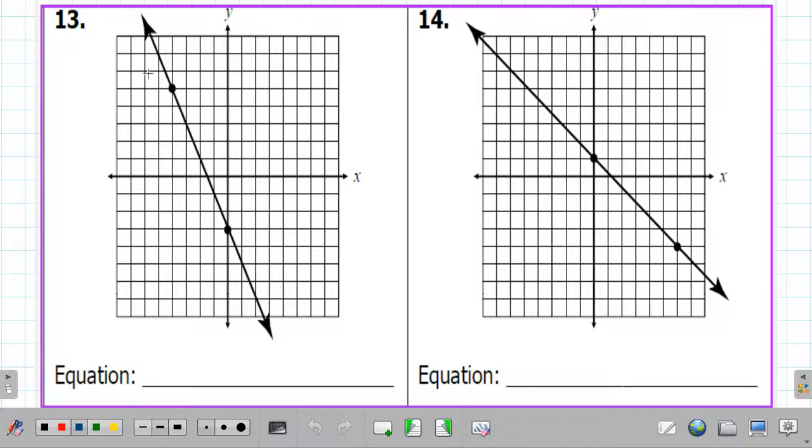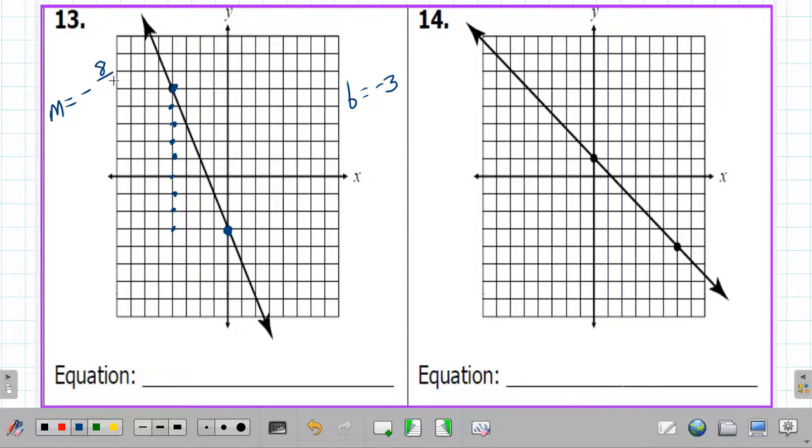13 and 14. The y-intercept here for 13 is going to be 1, 2, 3. So b is negative 3. My slope, right off the bat, I see that it's going to be negative. I'm going to go from here to here, so I'm going to go down 1, 2, 3, 4, 5, 6, 7, 8.